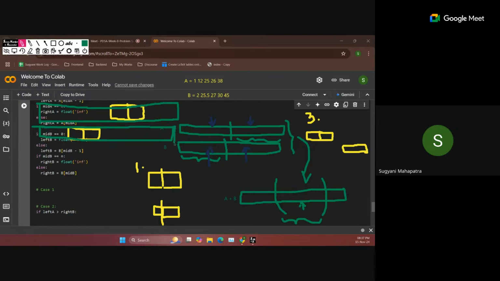Think along the lines of this middle element representing a middle point, somewhere in this range. We are just trying to reduce this range. We are just trying to find the middle element in this merged array.